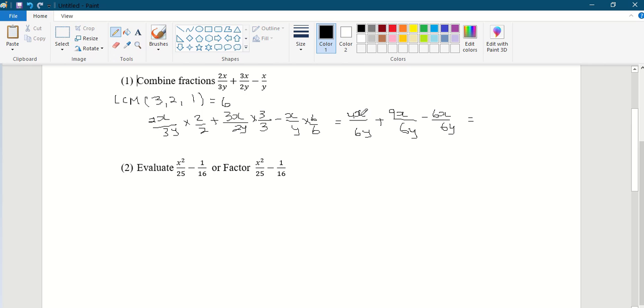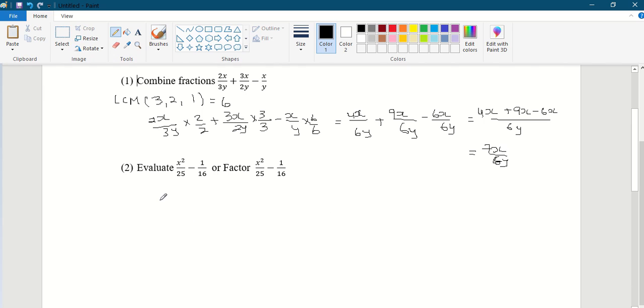Simplifying this further, we get 4x plus 9x minus 6x divided by 6y. Now 4x plus 9x minus 6x will give us 7x divided by 6y, and that's what that will simplify to.